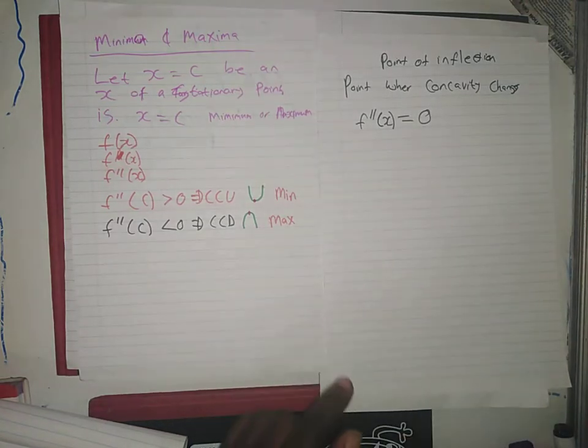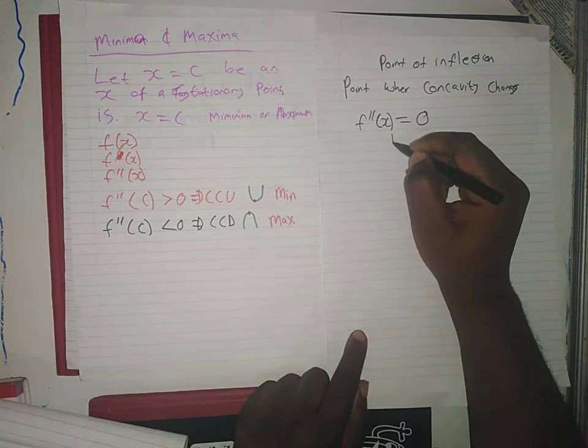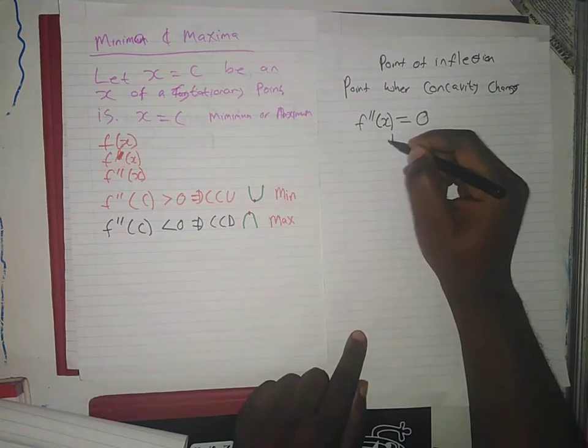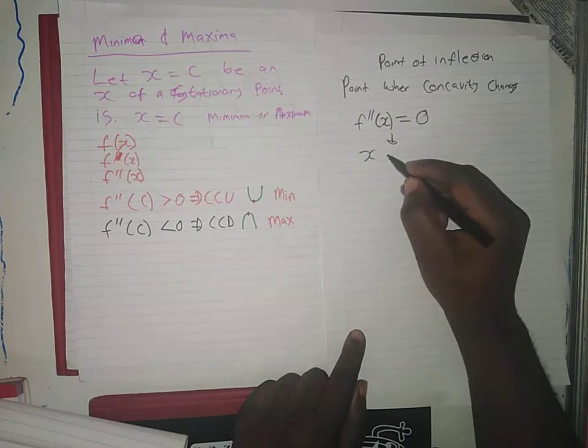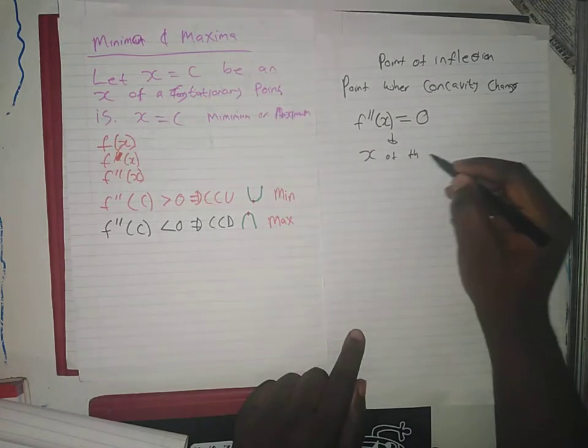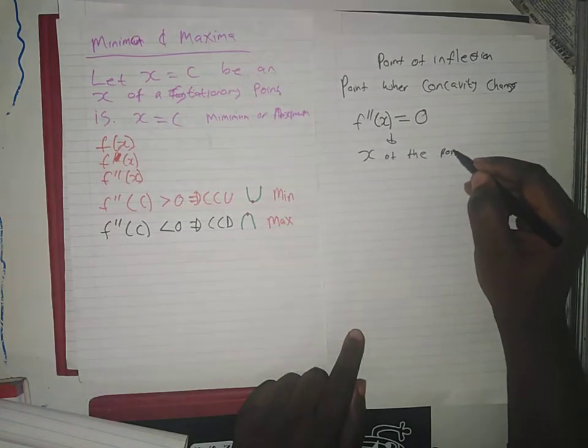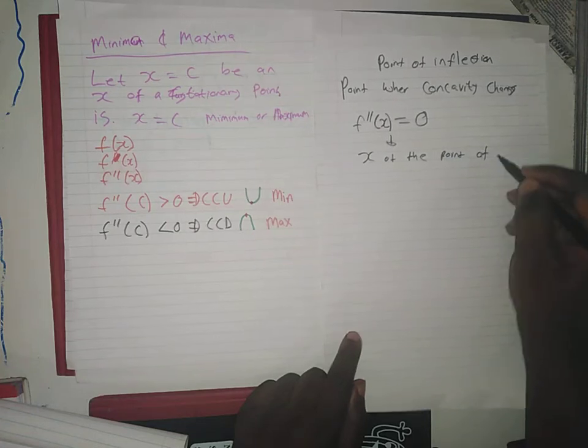Now, when you take it and equate to 0, you will solve for x, and then you will find the x of the point of inflection.